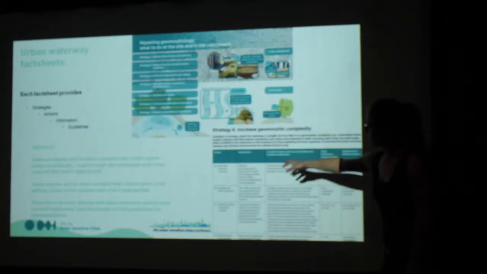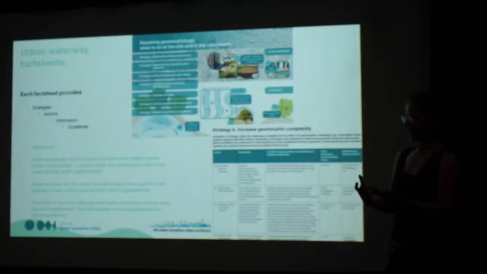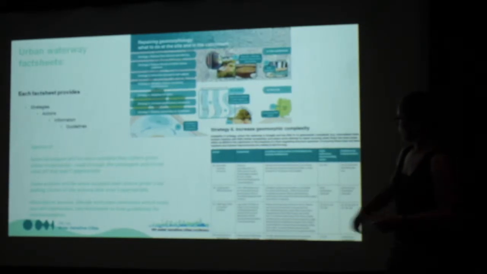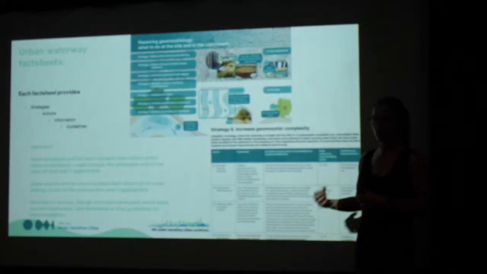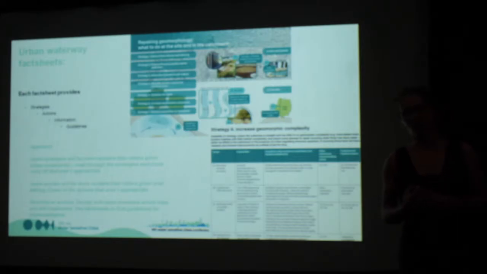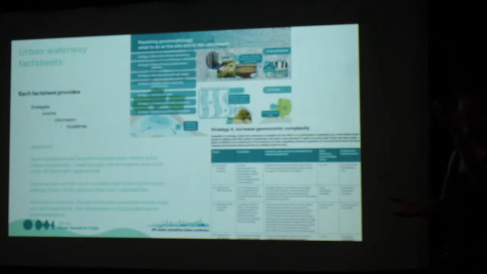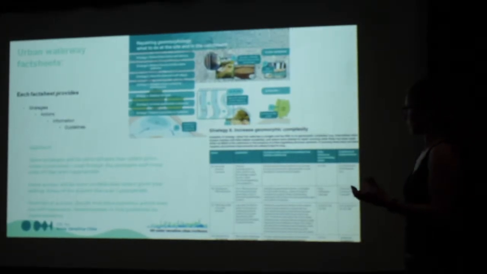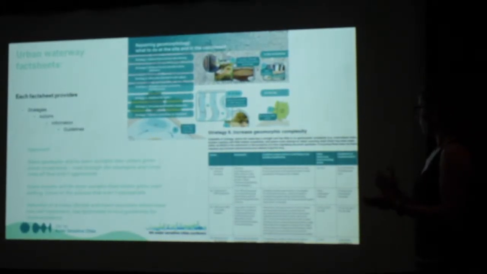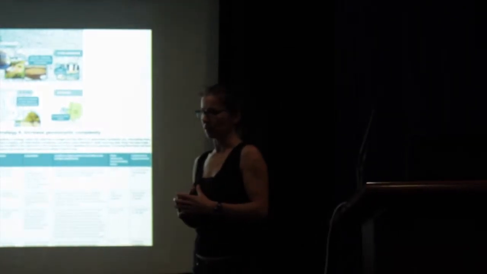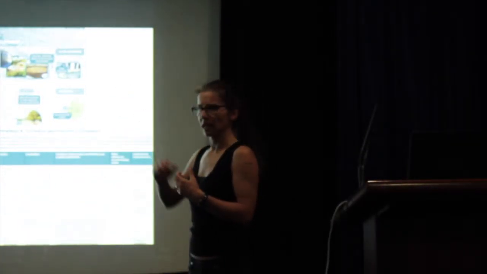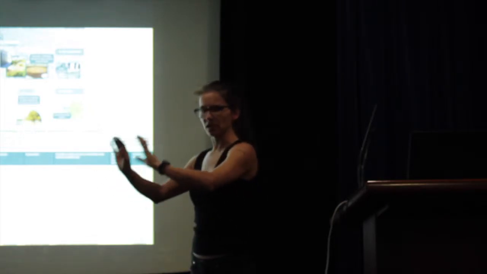And then there'll be notes about why that action is useful for the stream, and then information on the conditions when that action is going to be effective. You read through all that information and say, oh, adding rocks or adding logs back into the stream is going to increase geomorphic complexity, but it's unlikely to be really useful where there are really strong flashy flows, because I haven't fixed flow in the catchment, and anything I put in is probably just going to get washed away.